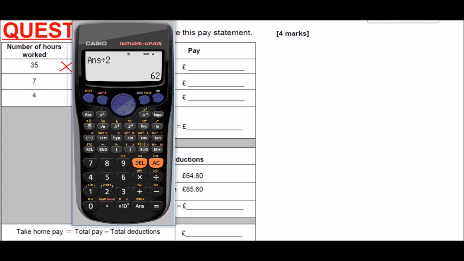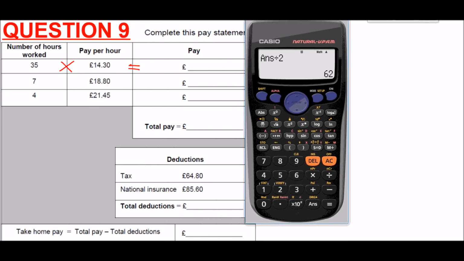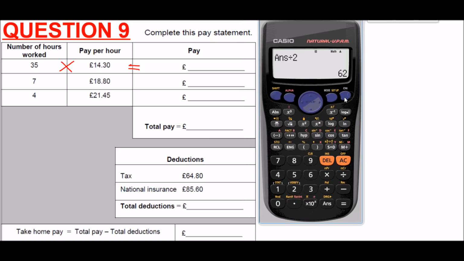So the first row would be 35 multiplied by £14.30. That comes to £500.50.